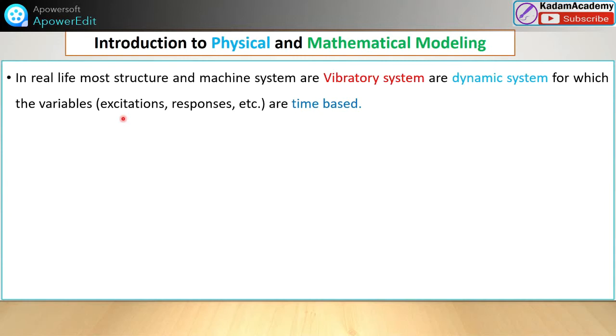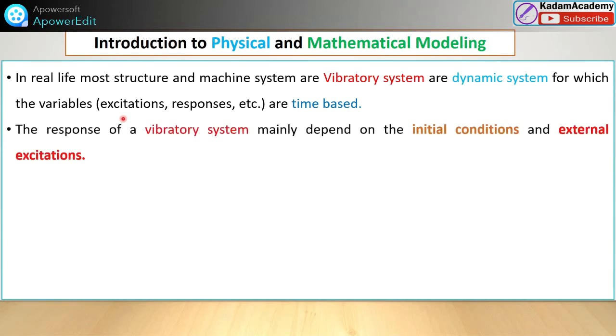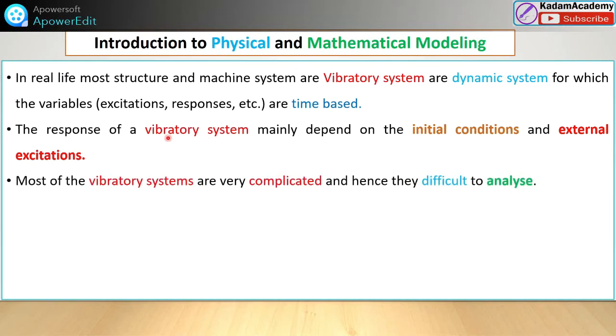So the response of a vibratory system mainly depends on what? Their initial conditions and the external excitations. So these vibratory systems are very complicated and hence they are difficult to analyze, and the problem solving of such vibratory systems needs to be done very properly.